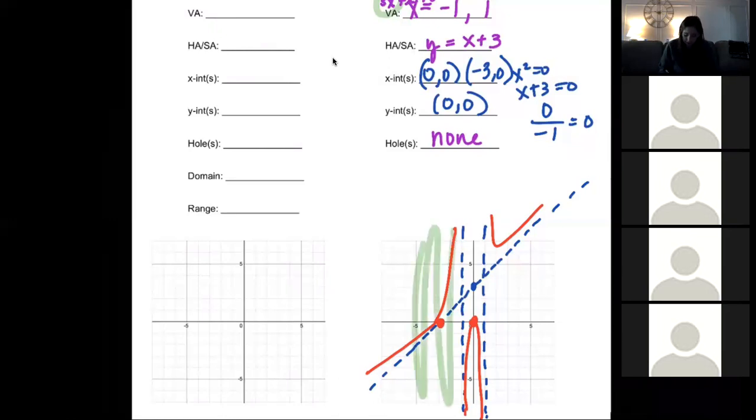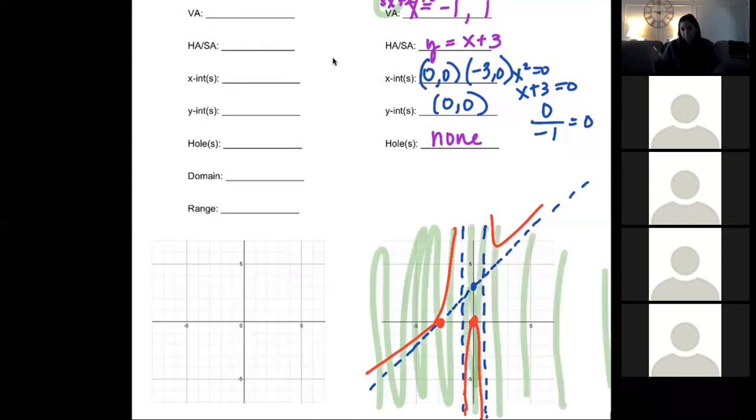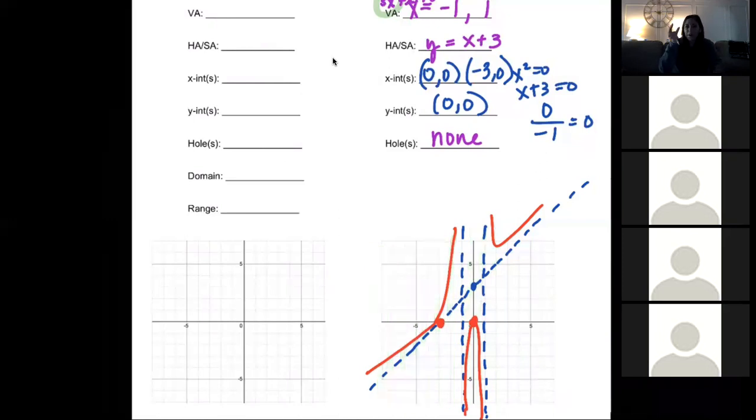So I've got a section here to the left of -1. I have a section in the middle, and then I have a section to the right of +1. So I'm going to need to test 2 on the middle part because I would assume that they're either both going down or both going up because I have that x squared at the top.